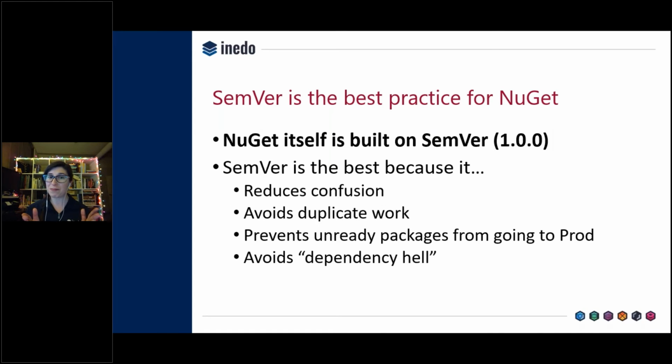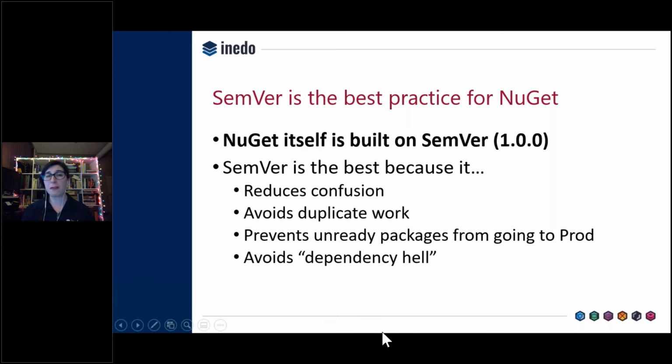Dependency hell. Also, this avoids the problems of specialized or esoteric naming conventions. How do I know which latest file is actually the one I should use? Semantic versioning is mathematical, so it's very, very difficult to get confused on.